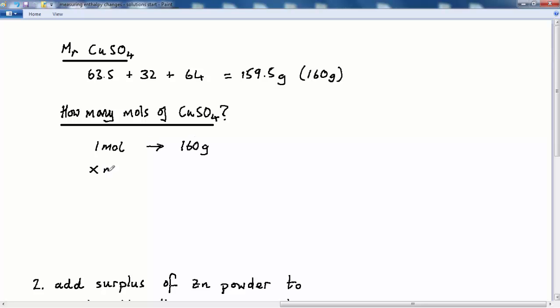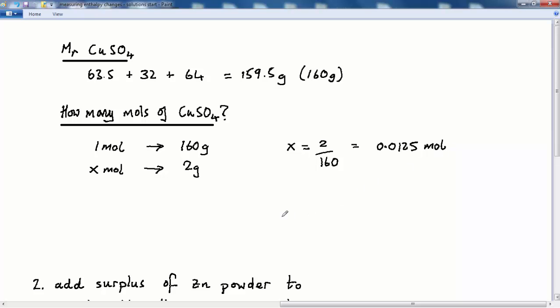Then I added 2 grams, so how many moles weighs 2 grams? Cross multiplying, you can see that x will be equal to 2 over 160. So I've got 0.0125 moles of copper sulfate in the solution.